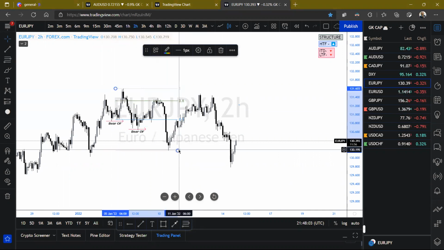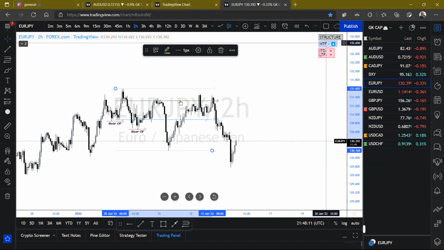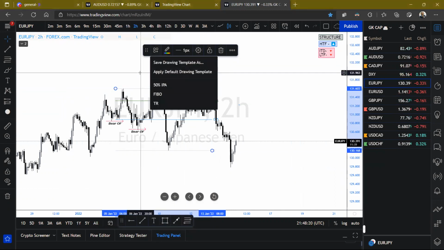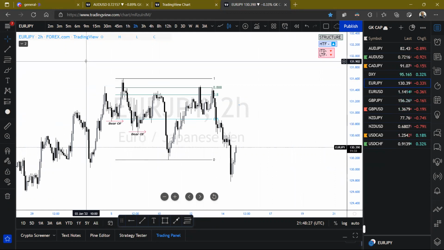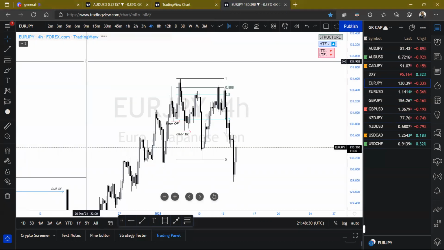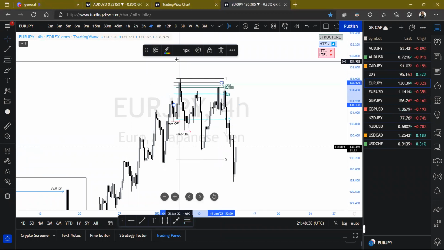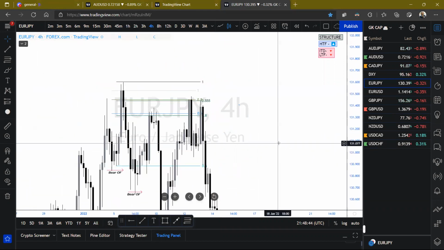When we look at the mirror, look at that, we can see that's not the spot, right?